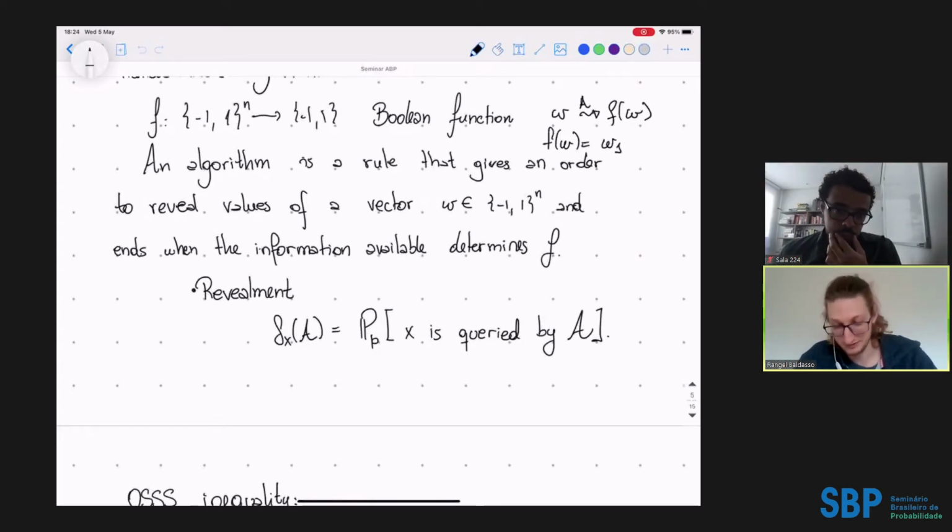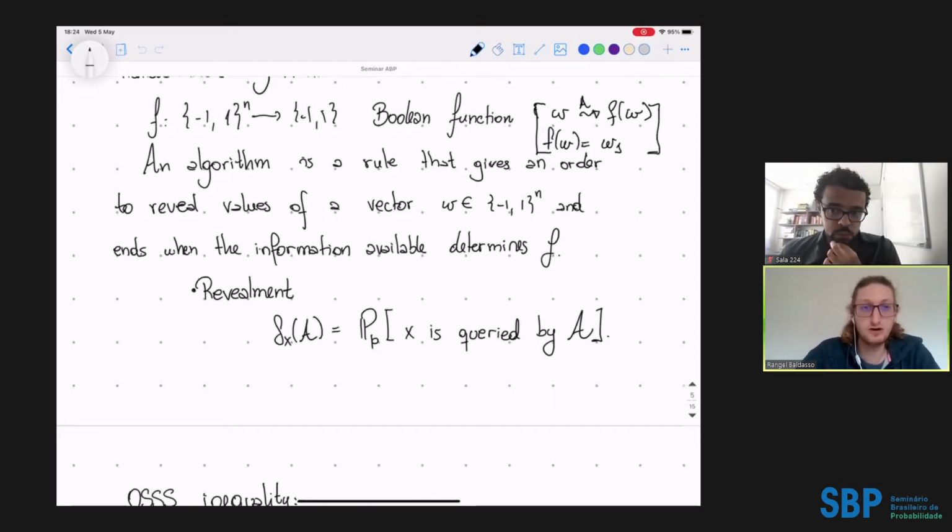Another algorithm, which is very useless here, is to observe all the bits, and then of course you have all the information about your entry, and you can determine the function.